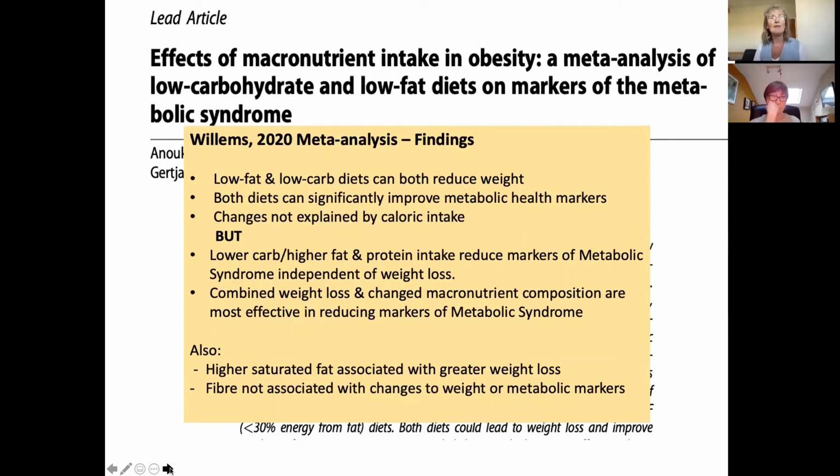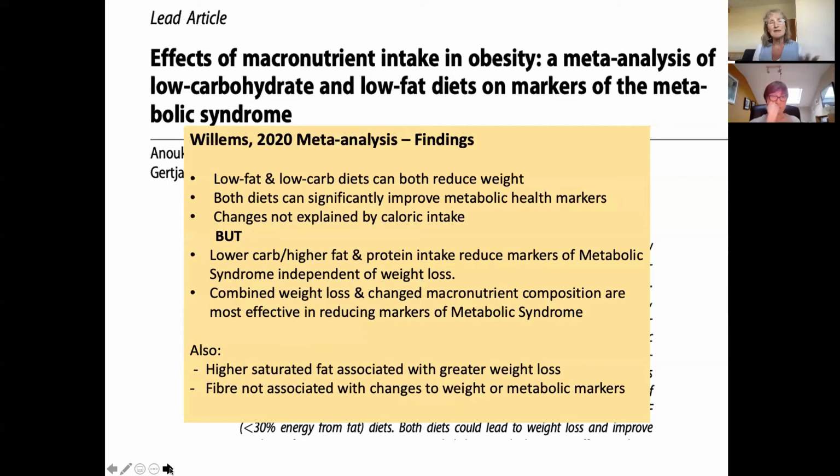However, they found that those participants who were eating lower carbohydrate, higher fat and protein in their diets had reduced markers of metabolic syndrome, regardless of what happened to their weight loss. So that kind of diet was good for metabolic health, whether the weight was lost or not.